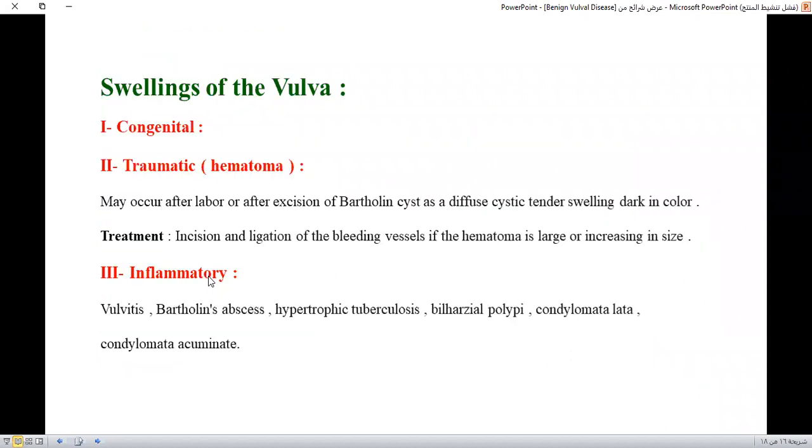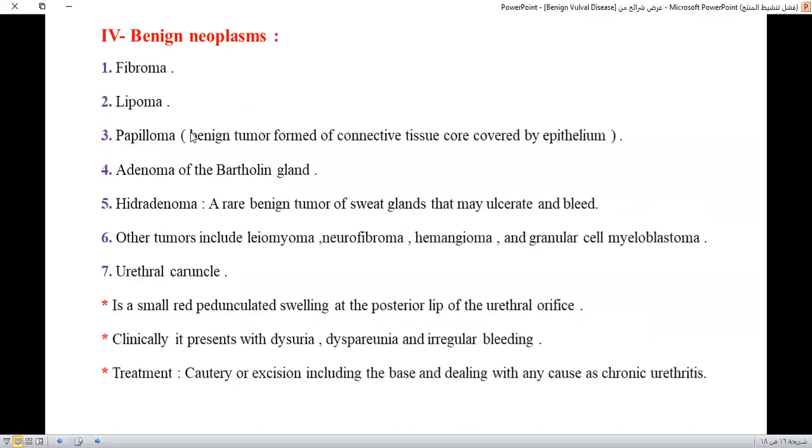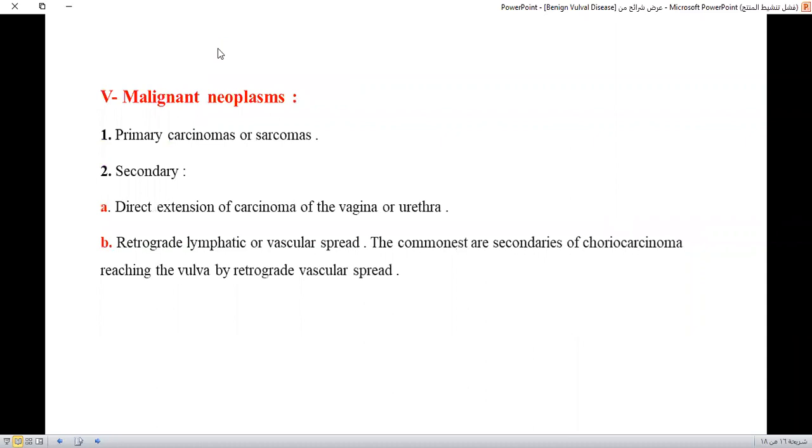Then the swelling of the vulva includes the following: may be congenital or traumatic hematoma, or inflammatory like vulvitis or Bartholin abscess, or benign neoplasm and malignant neoplasm.